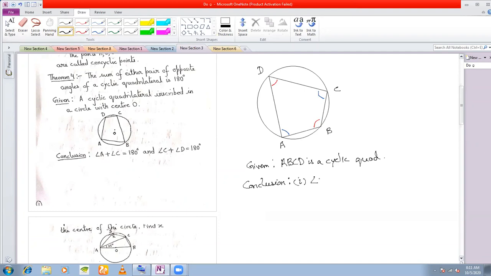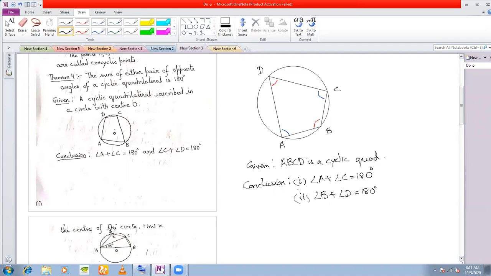That is, we can write angle A plus angle C must be equal to 180 degrees, and angle B plus angle D must be equal to 180 degrees. Okay, that is what this theorem means.